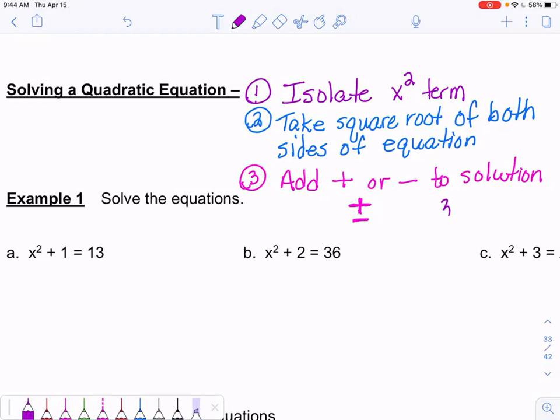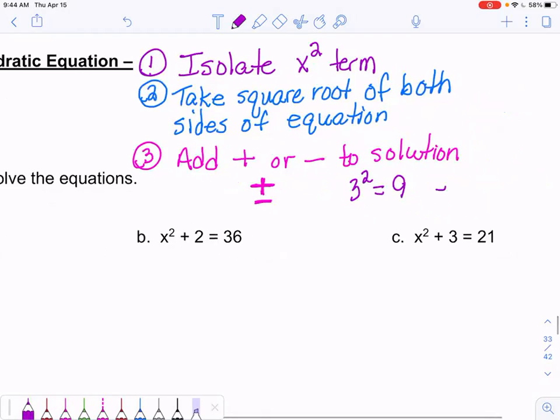So if I have 3 squared, what's 3 times 3? 3 squared, 3 times 3, 9. If I have negative 3 squared, negative 3 times negative 3 is still 9.